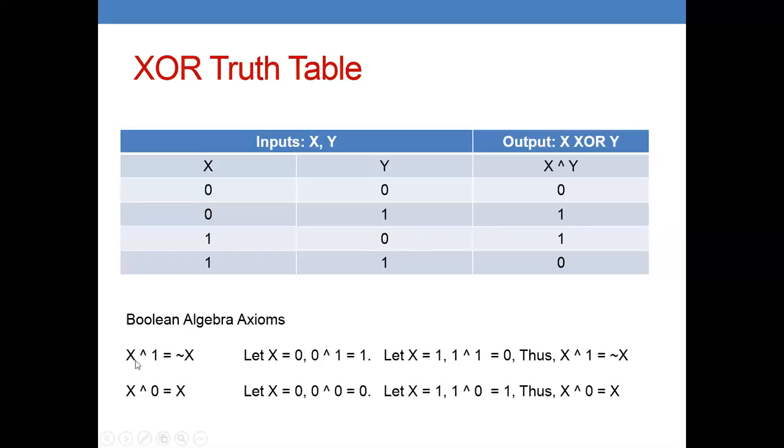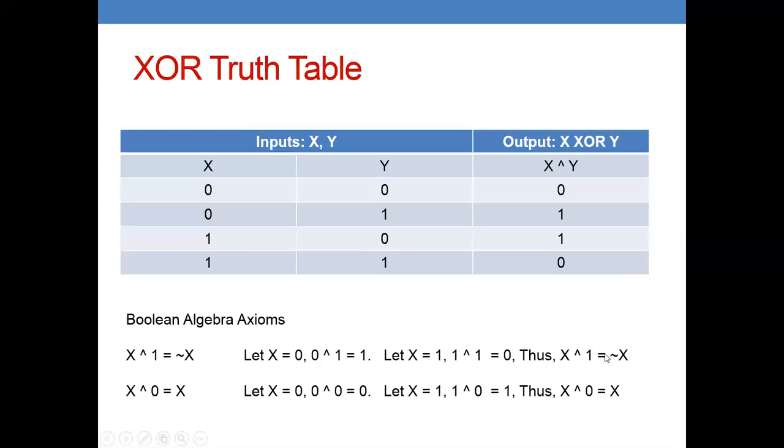An important Boolean axiom with this is that when you exclusively OR 1 with X, you get not X. It works as a toggle. We can see here when X is equal to 0, 0 exclusively ORed with 1 gives us a 1. When X is equal to 1, 1 exclusively ORed with 1 gives us a 0.